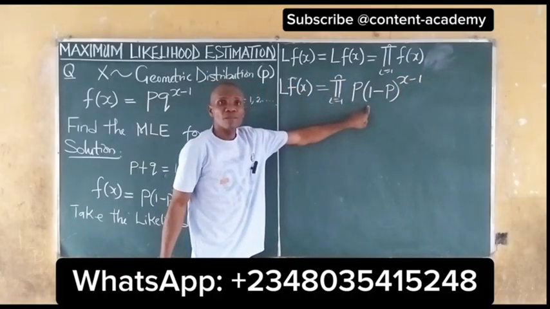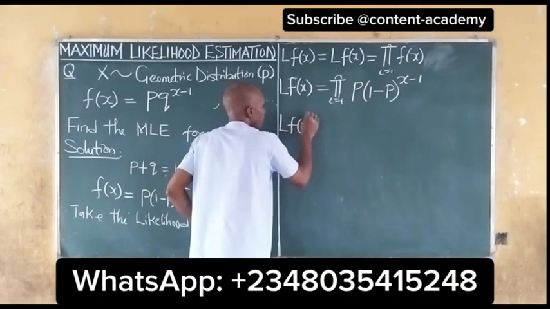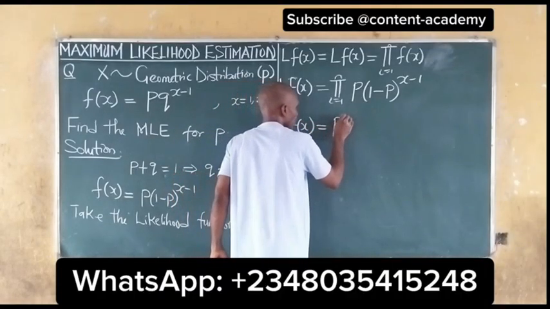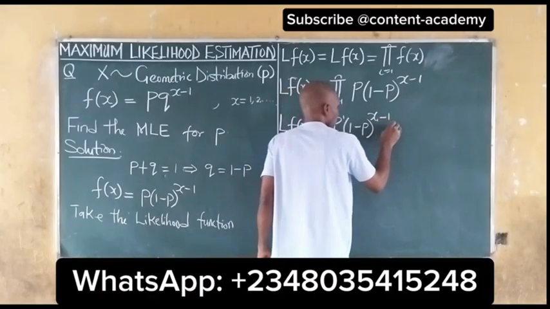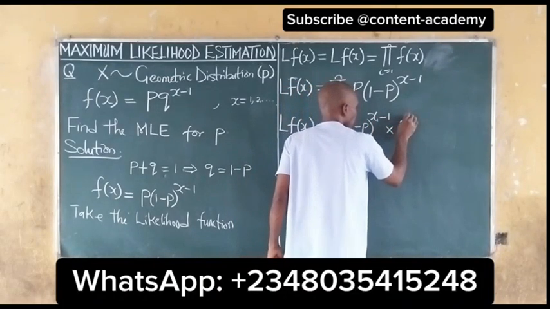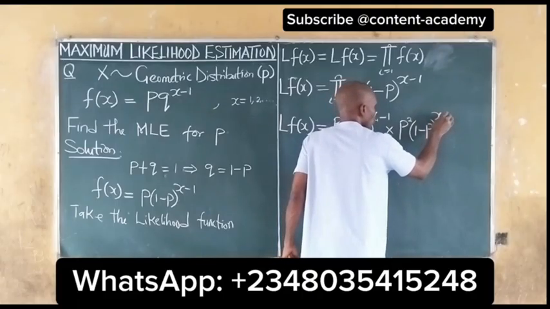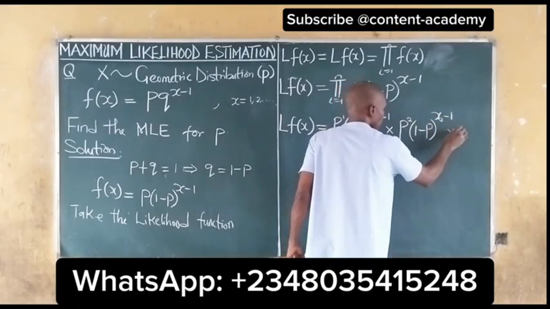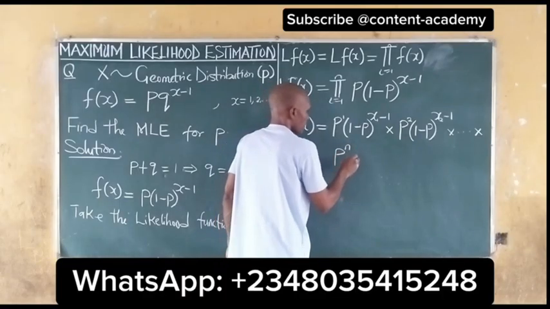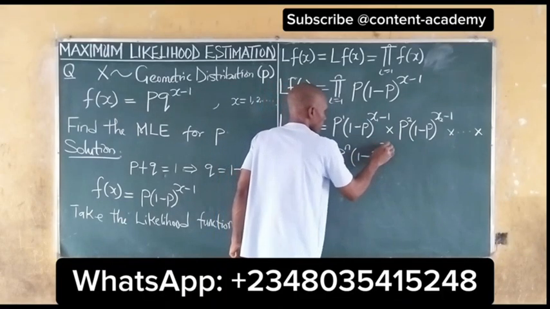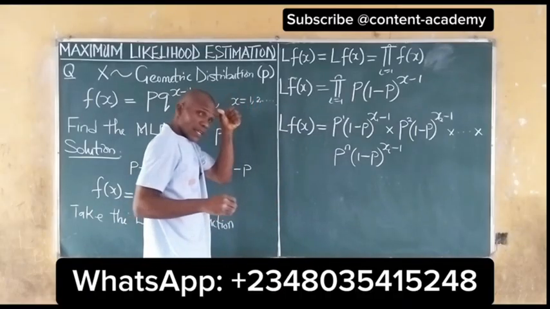So we take the product of this geometric distribution. Taking the product, we have the first one, p into (1 minus p) to the power x1 minus 1, multiplied by the second, p into (1 minus p) to the power x2 minus 1, multiplied by, it continues like that to give us p into (1 minus p) to the power xn minus 1.